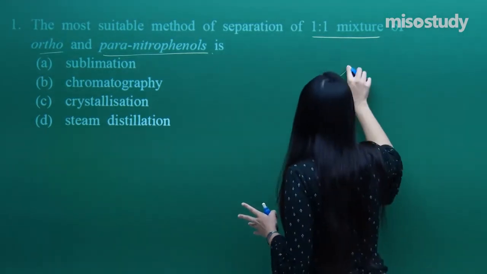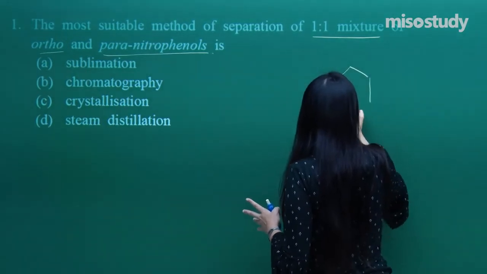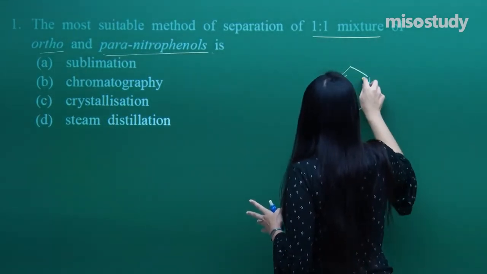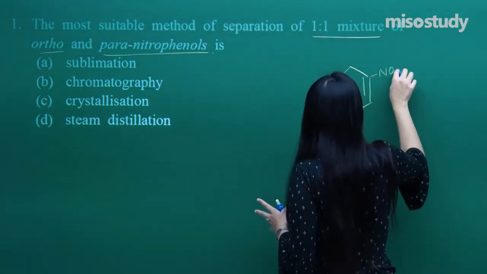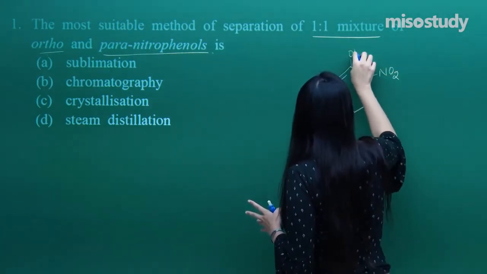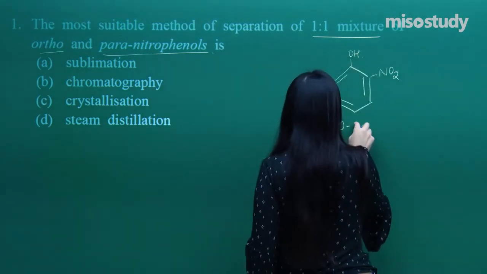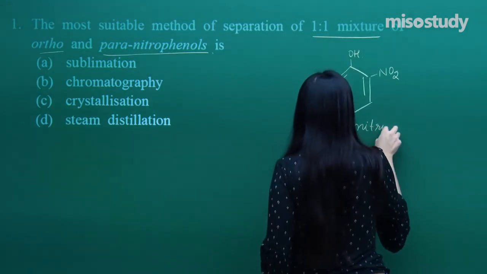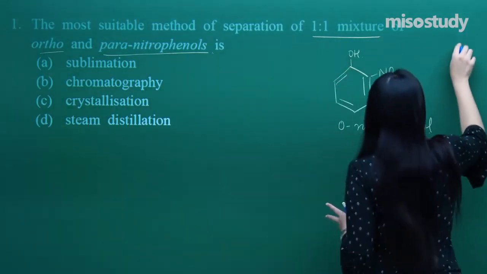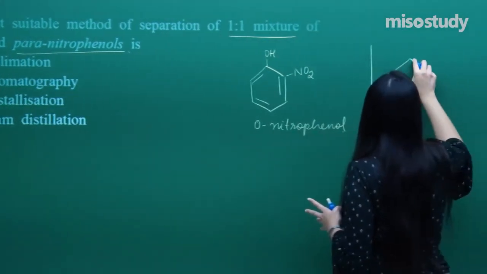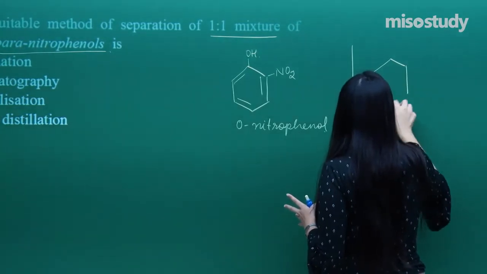First is the ortho nitrophenol, first I am making, right? So that is ortho nitrophenol, and the second is the para nitrophenol, right?